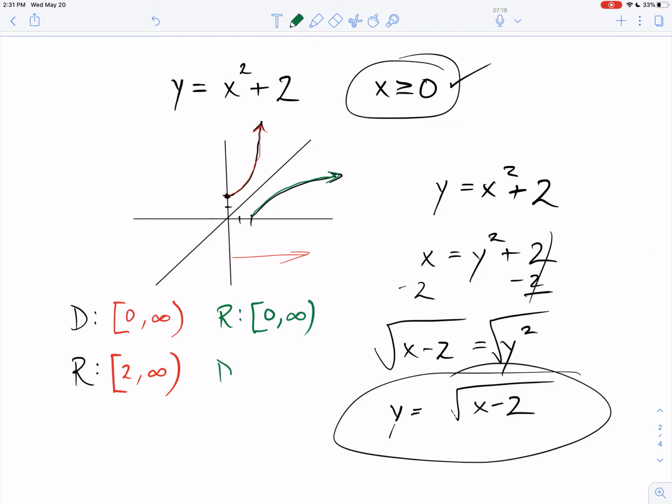The green guy also has a domain. His domain starts here at 2, and then it goes that direction. So what I'm trying to get at is, and this is review, you can only have an inverse function if these conditions are met. One guy's domain is the other guy's range, and vice versa.